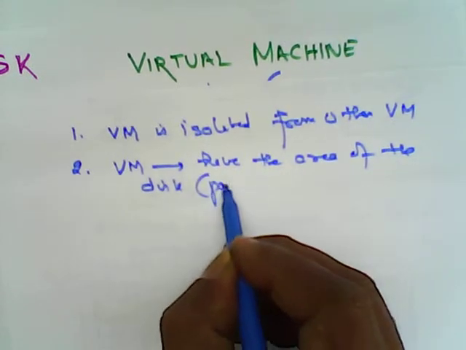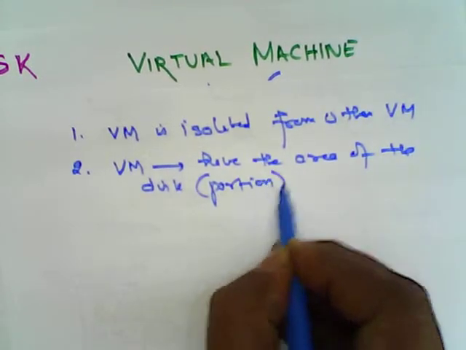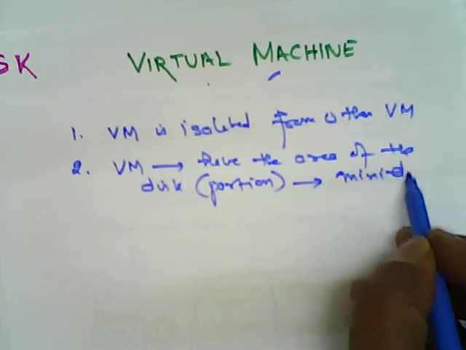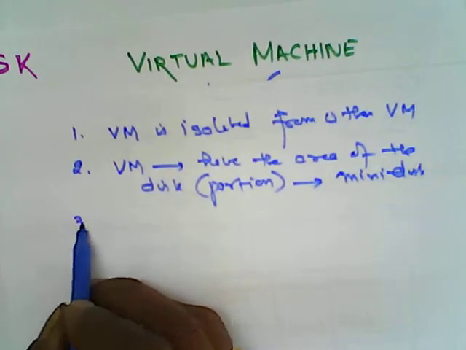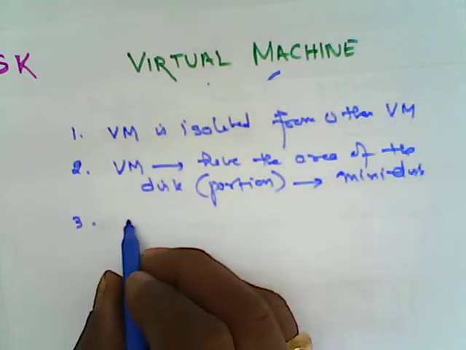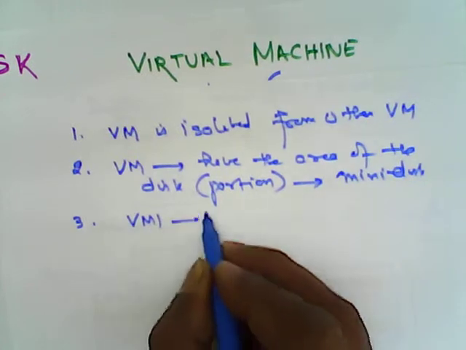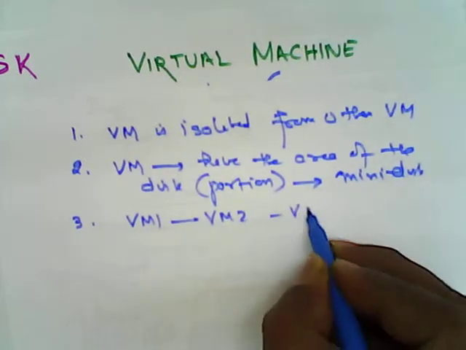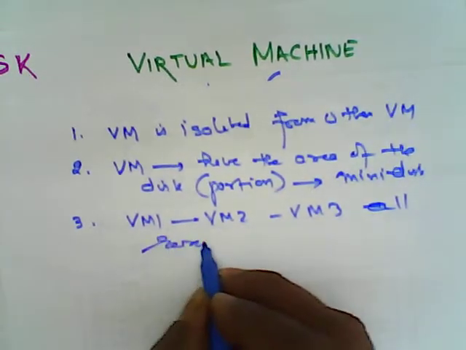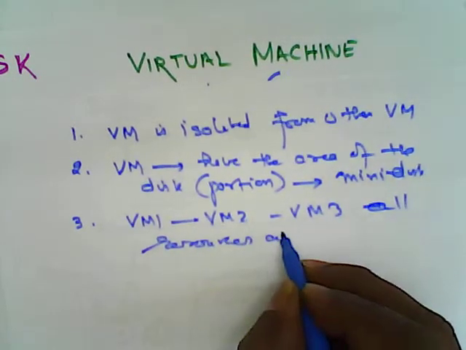And the third is that the resources used by the virtual machines are isolated. That means if VM1, VM2, VM3, all resources are isolated. That is it. This is the part of the virtual machine.